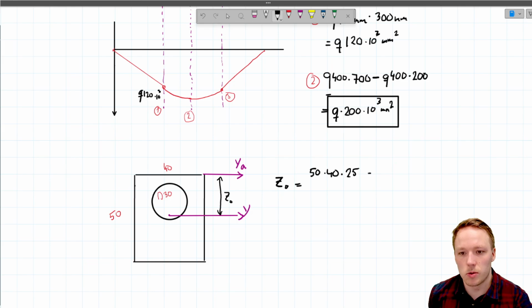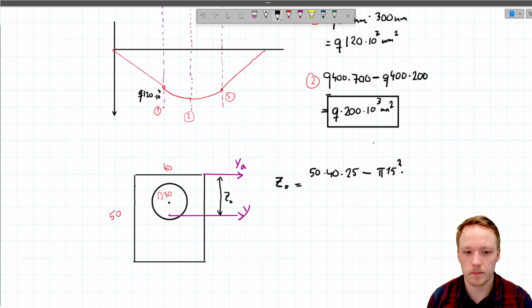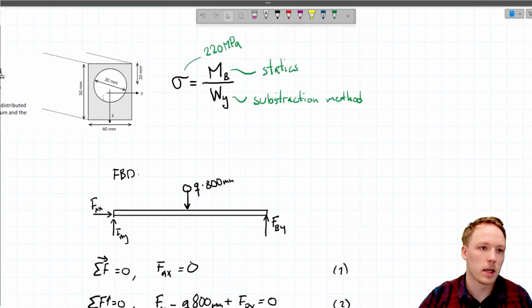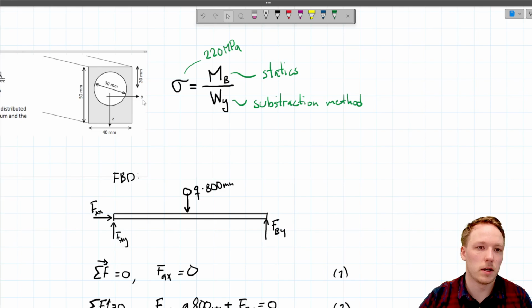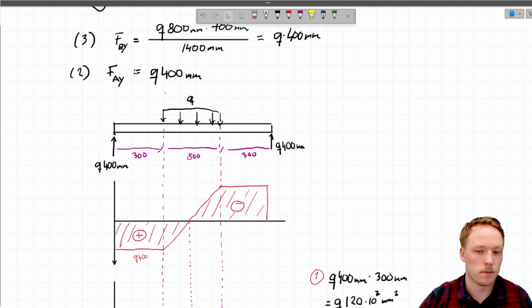And then we have to use the subtraction method, so we're going to reduce from this one the area of the hole, which is pi times 15 to the power of 2. Diameter was 30, so radius is 15. Multiplied by the distance from the neutral axis of the circle to the edge of the profile. In this task, it is 20 millimeters. This was already given in the assignment in here.